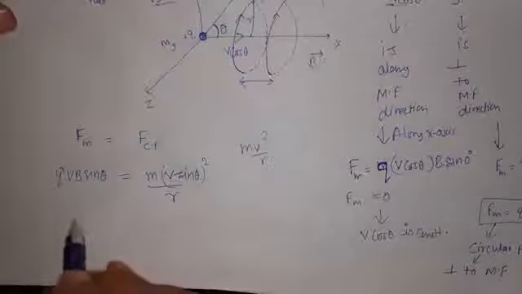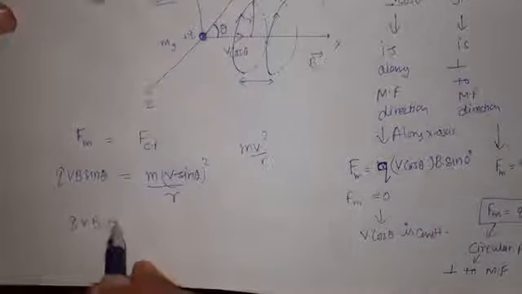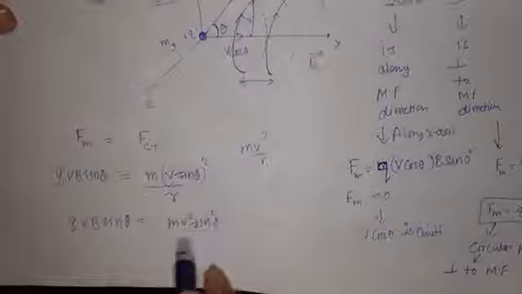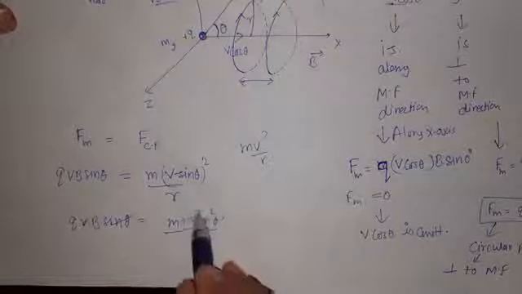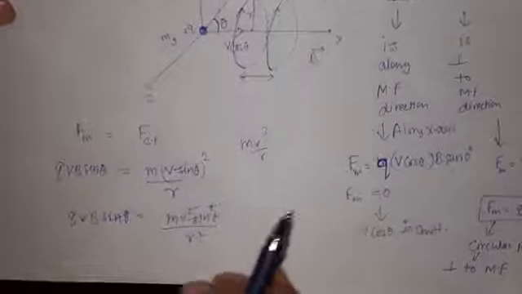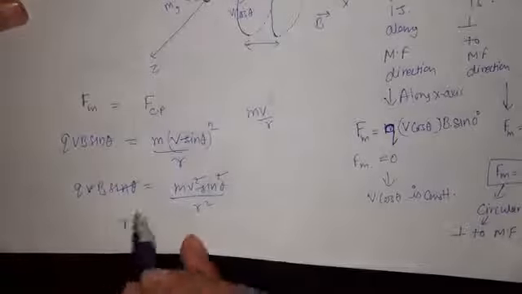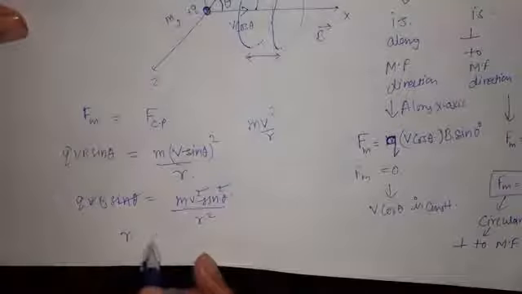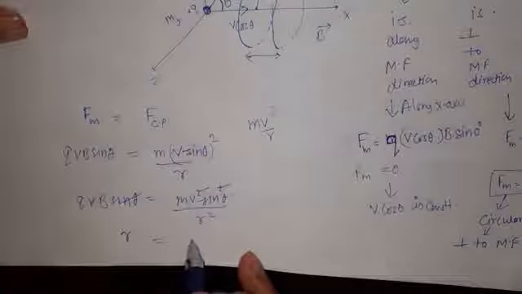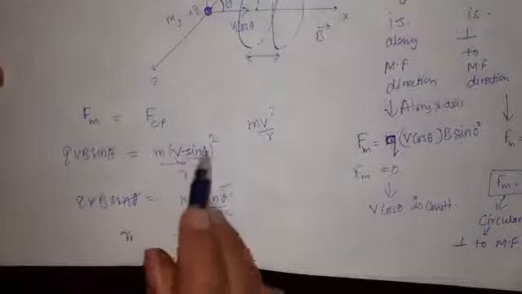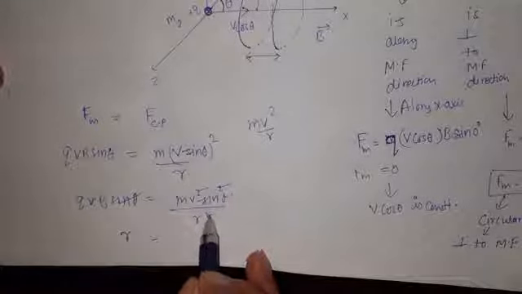Then we can have this as q v B sin theta equal to m v square sin square theta by r. So v and sin theta will cancel one power, leaving r. How much is the radius of this circular path? Just wait, it is m v square by r, it is not r square in this case.